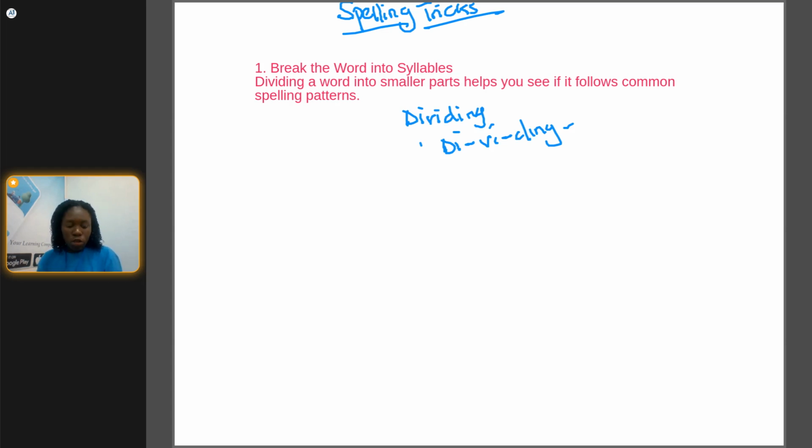Because you're dealing with CBT, you may not be able to write to break down the syllables, but you can do it in your mind. You break the syllables in your mind, and then looking at the word, you look for familiar patterns in each part.